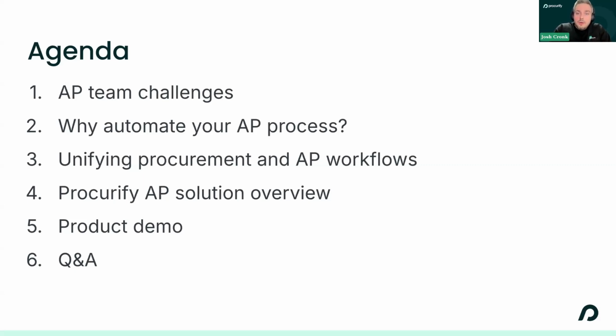I'll give a brief overview of some of the key capabilities that we've built at Procurify to make AP teams more efficient and more effective in your day-to-day. And then Nick's going to jump in and walk us through some of these key capabilities in a live product demo. And then we'll close it all off with some dedicated time for answering questions, as I mentioned earlier.